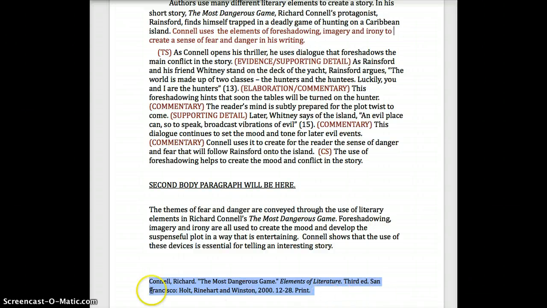You must include that so that if I want to look this up, I can find this edition of the book, and on page 15 I will find this quote. And that's what's very important. It is important that you include all of this, especially including the page numbers and the reference at the end.